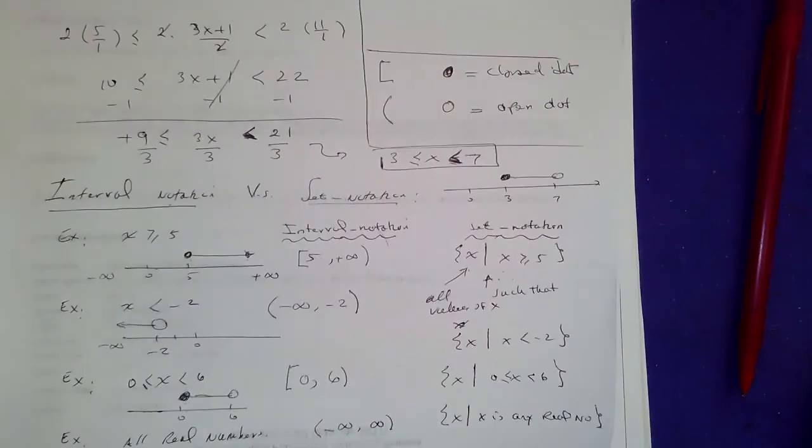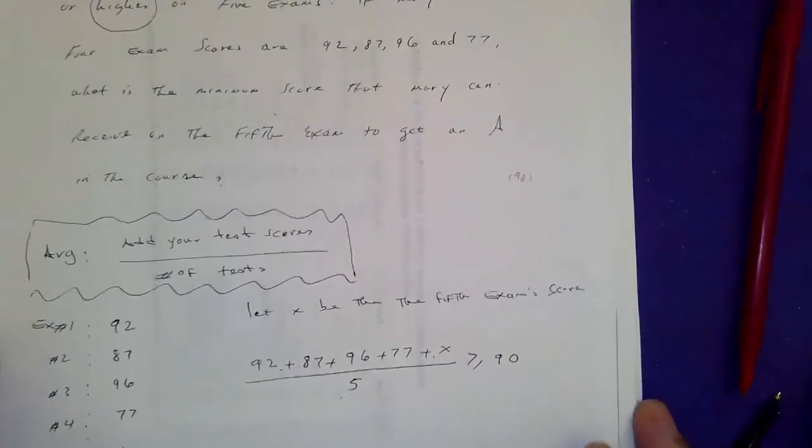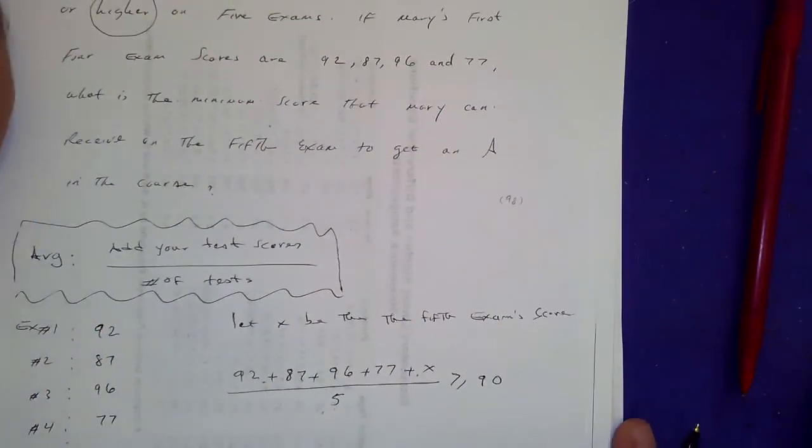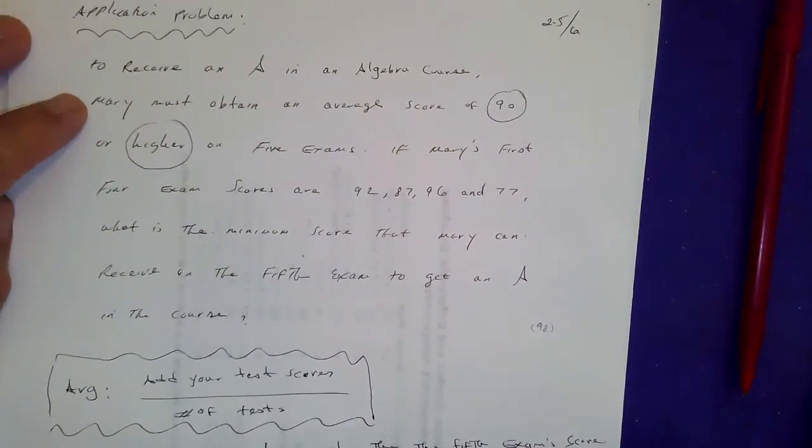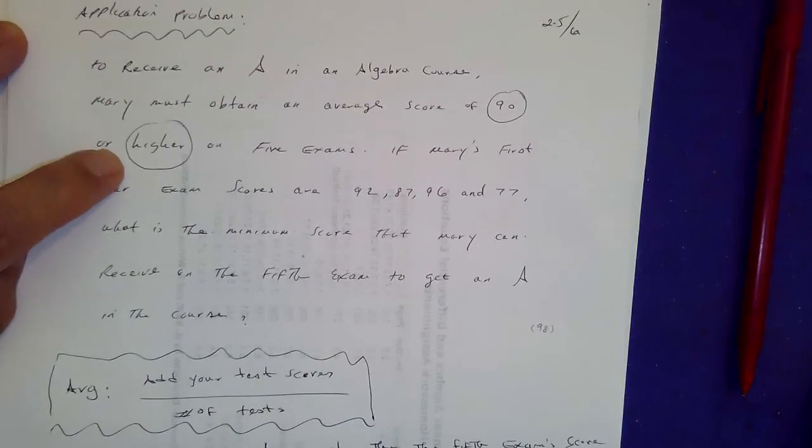There you go. So finally, we finish this section with a word problem. The question is: to receive an A in an algebra class, Mary must obtain an average of 90 or higher on 5 exams.